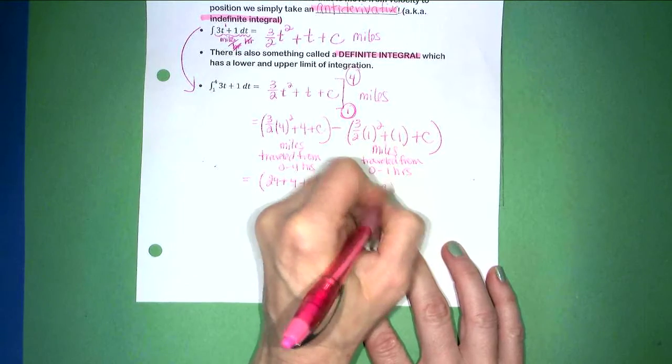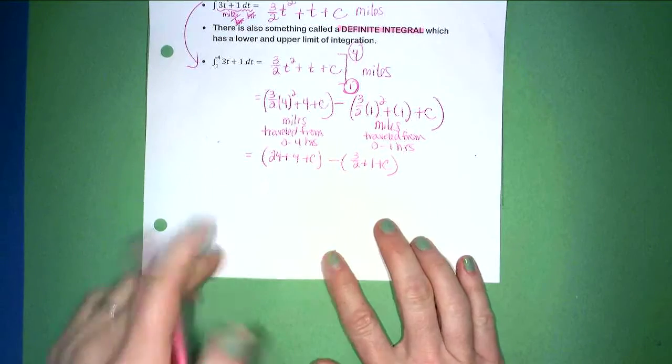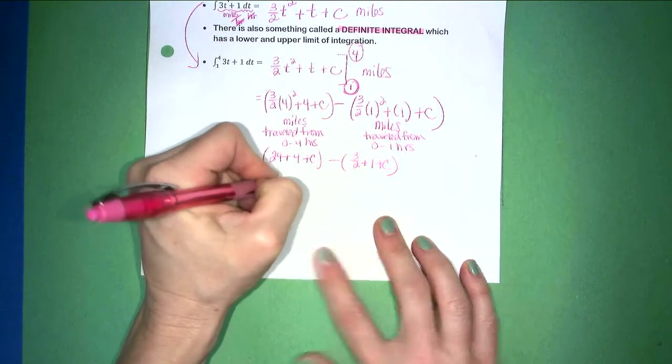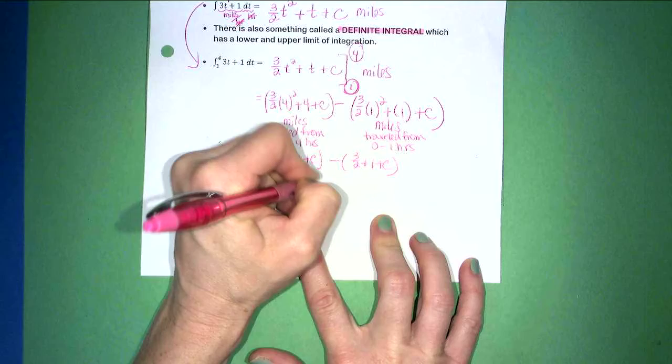And if you calculate this, you're going to get 25.5 miles traveled between 1 and 4 hours.